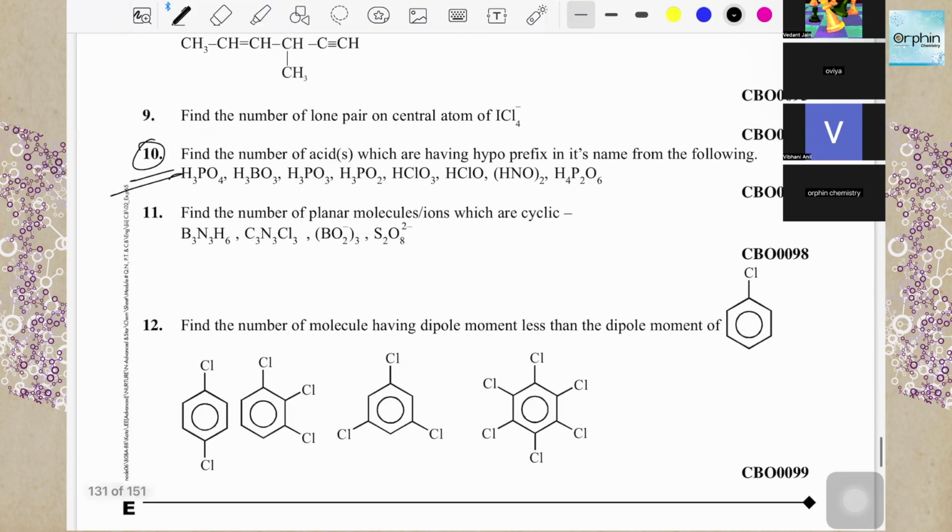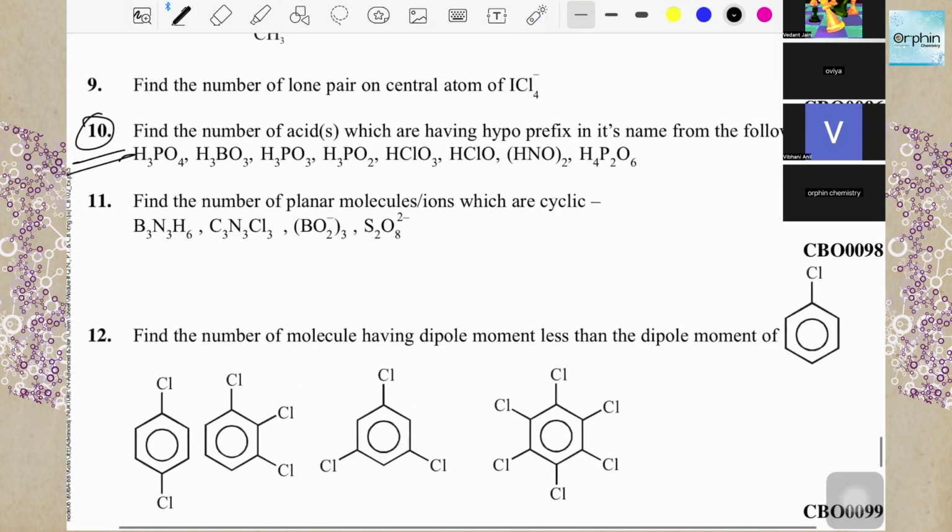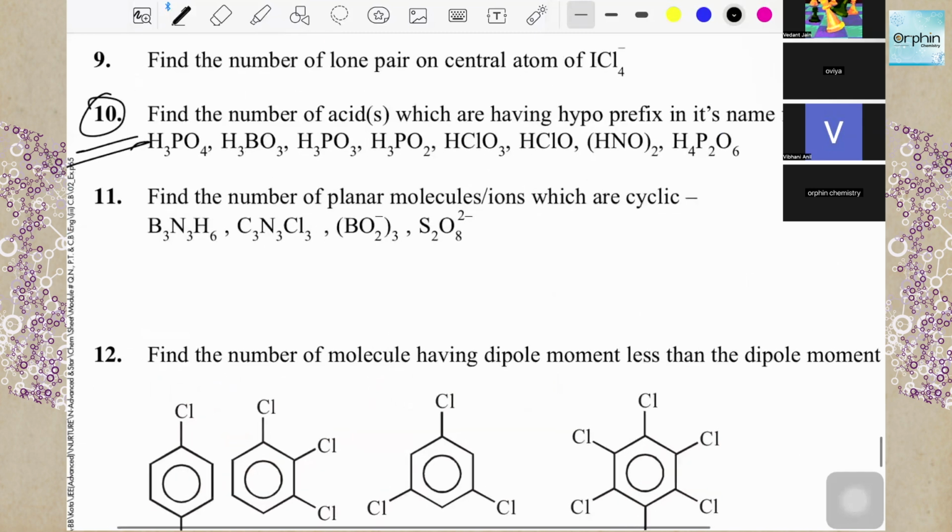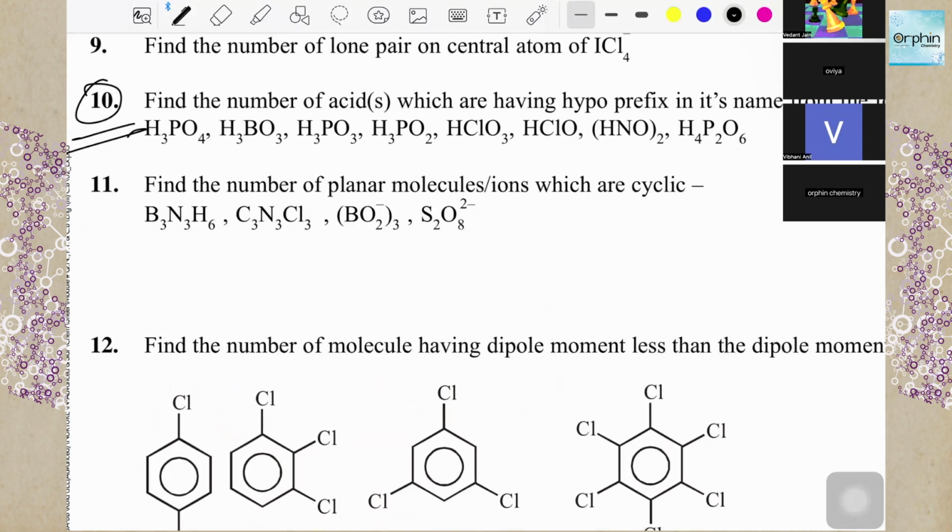Number of acids which have the hypo prefix in their name. Okay.